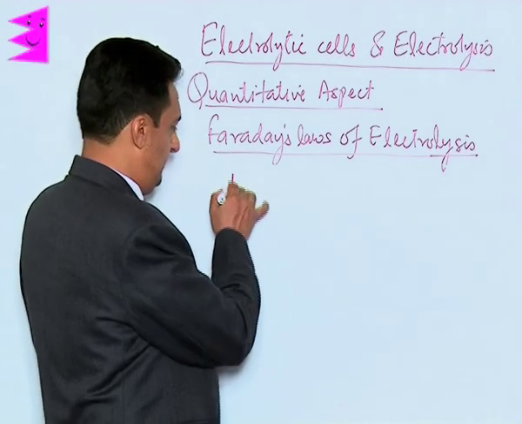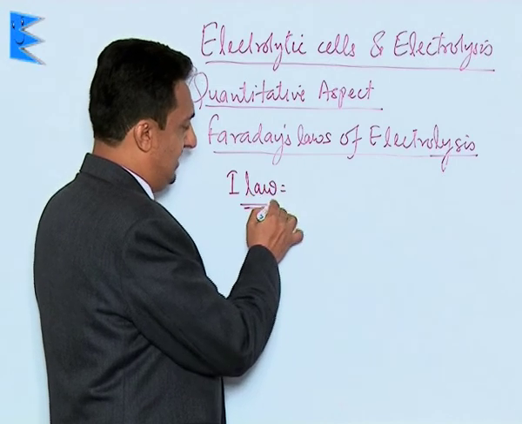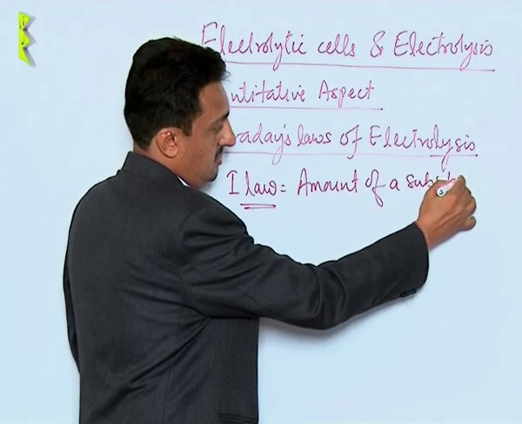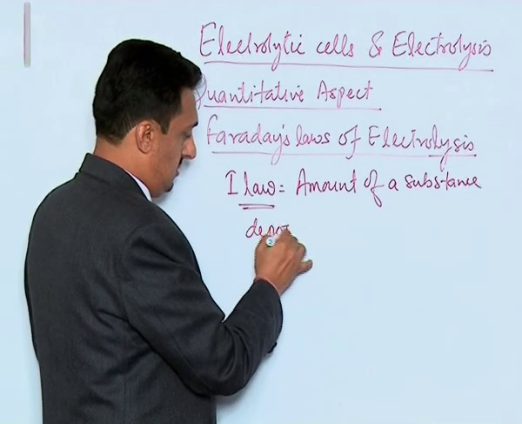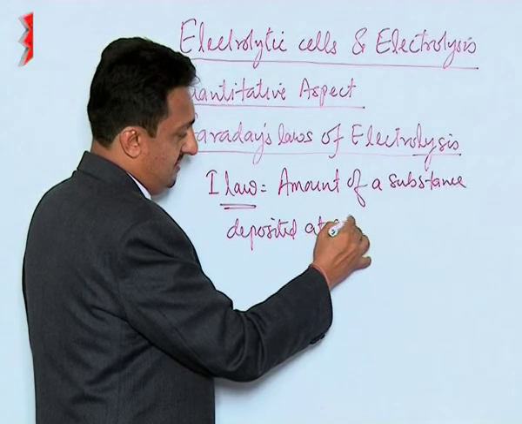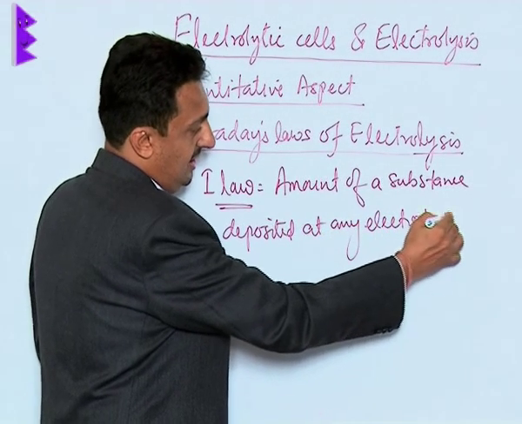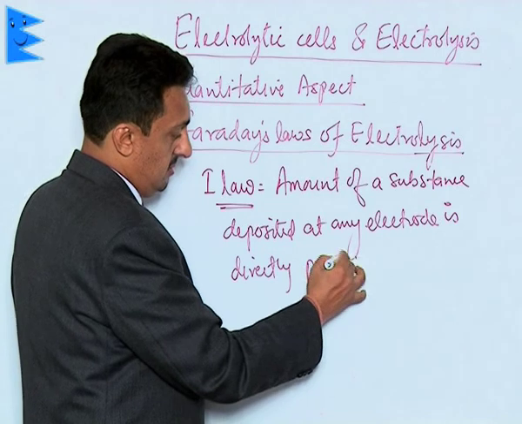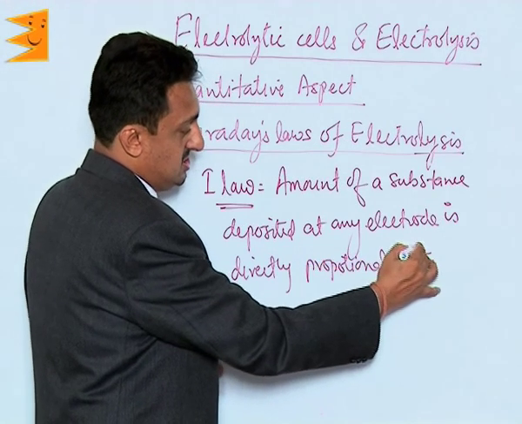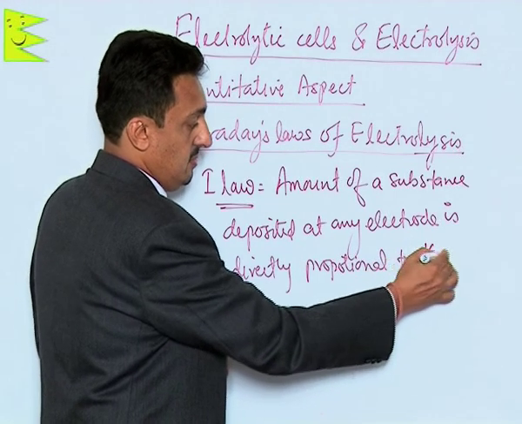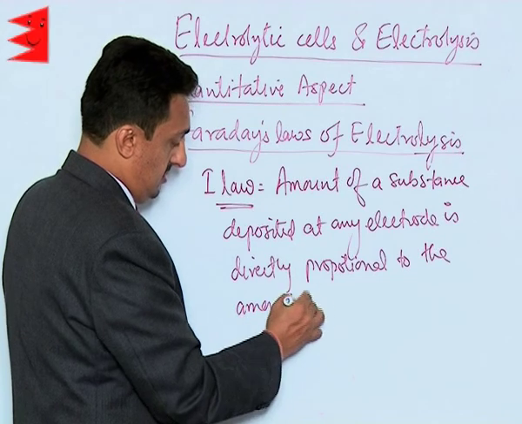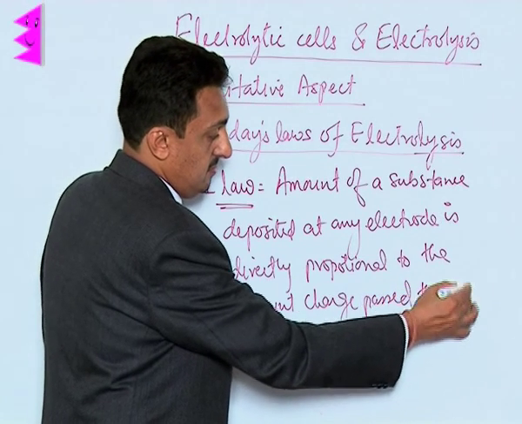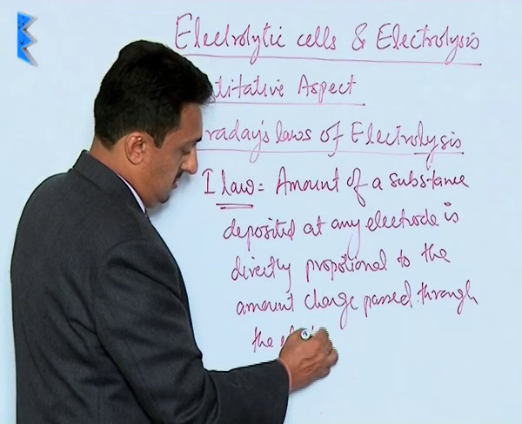Now, his first law states that the amount of substance deposited at any electrode is directly proportional to the amount of charge passed through the electrode.